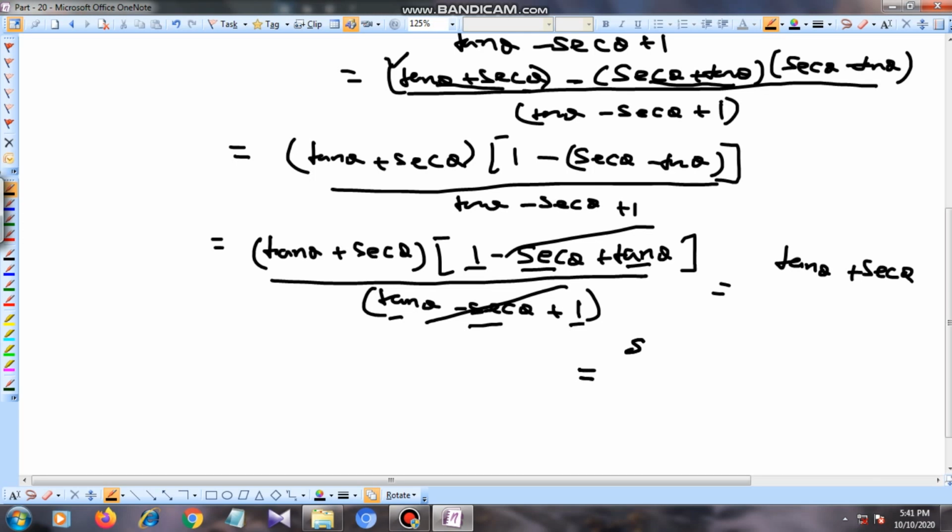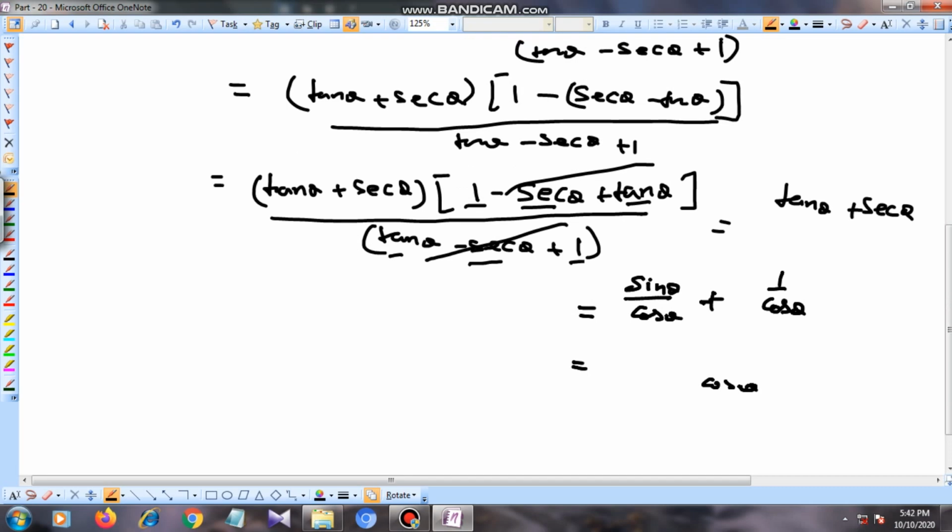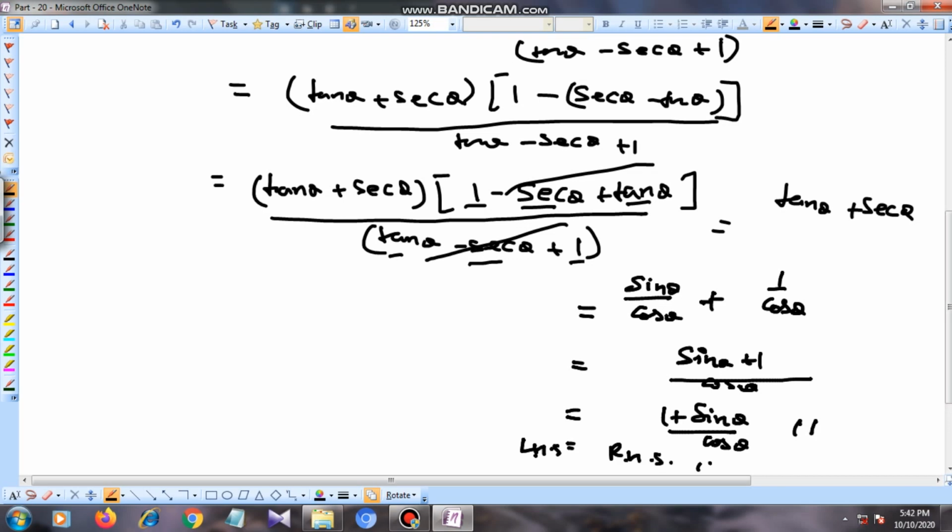Tan theta is sin theta upon cos theta, and sec theta is 1 upon cos theta. Taking cos theta as the LCM, we get sin theta plus 1, which can also be written as 1 plus sin theta upon cos theta. Hence LHS equal to RHS. Hence proved.